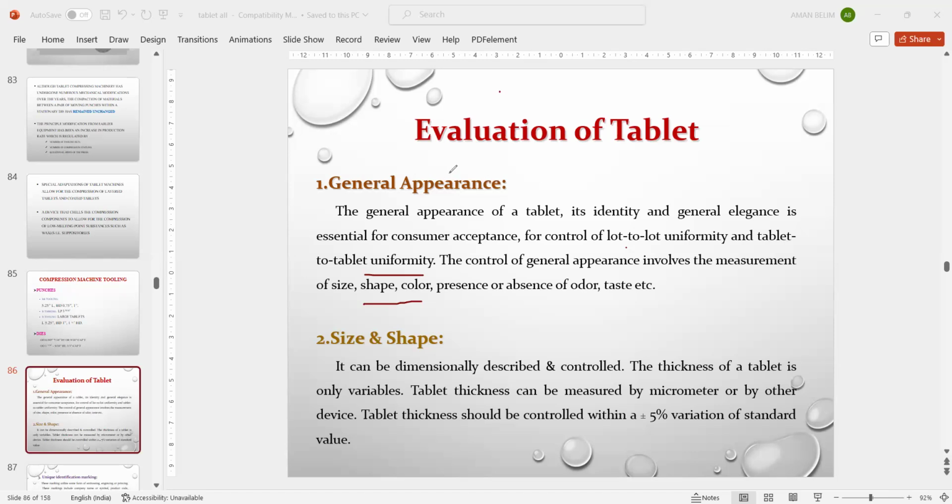Now, what is important is that before 2007, the friability test was under the non-official tests, right? Firstly, friability was under the non-official.